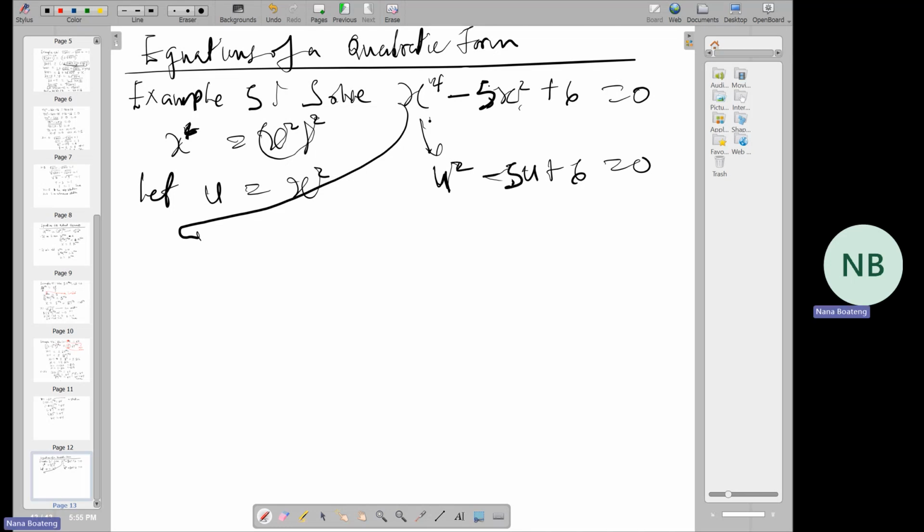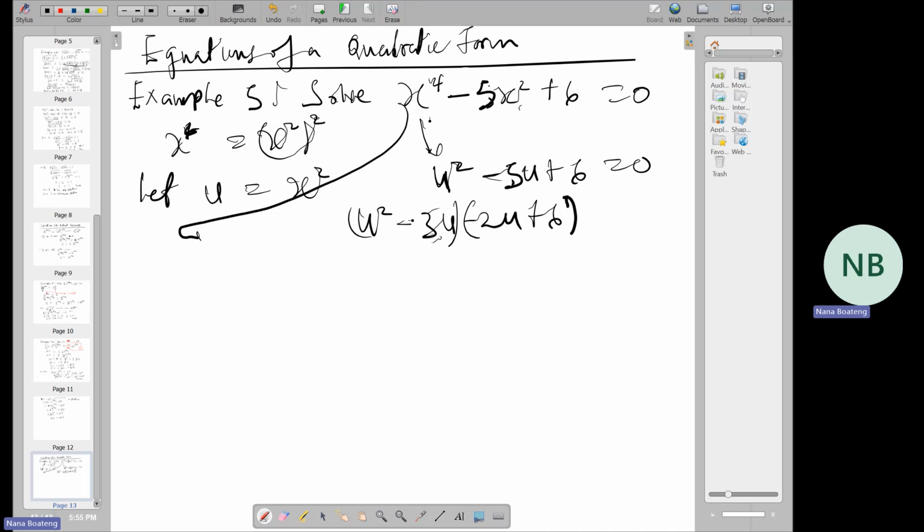So now we can factorize this. We can rewrite this as u squared minus 5u, we can write 5u as 3u minus 2u plus 6. And if we do this, we can factorize out of the first parenthesis, and also out of the third and fourth term.